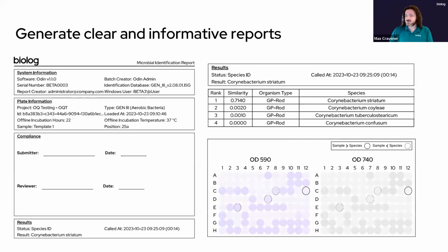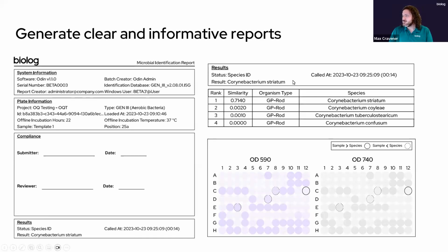We have areas for signatures, if that is required by your organization. And we have the results down here and how long it actually took this organism to ID. In this instance, it was a template, so it ID'd in 14 minutes. But typically, identifications take anywhere between 4 to 12 hours for most aerobic bacteria.